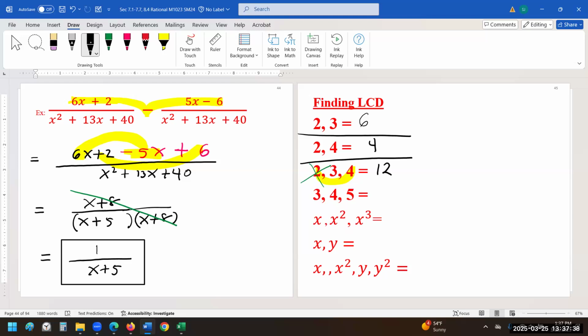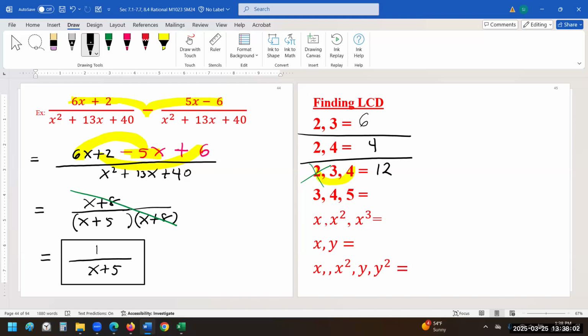Compare them, if they are same numbers, like same odd or same even. And then if they have nothing in common, you multiply them. How about 3, 4, and 5? Is any of them a multiple of another one? Is 4 a multiple of 3? Is 5 a multiple of 3?